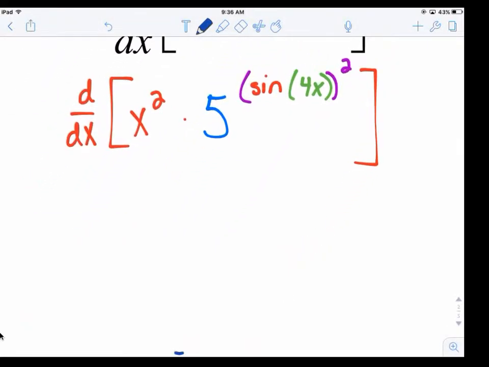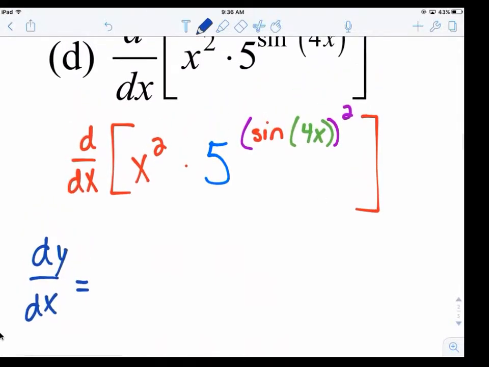All right, so you got derivative of the first times the second. So you got 2x times 5 to the sine squared of 4x.